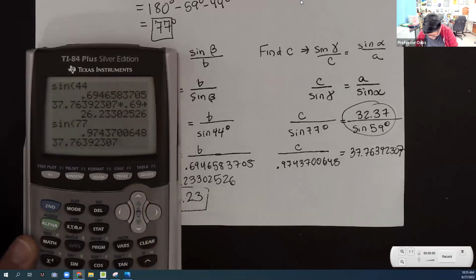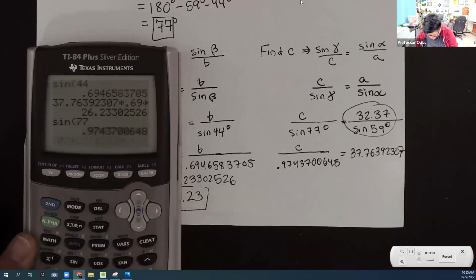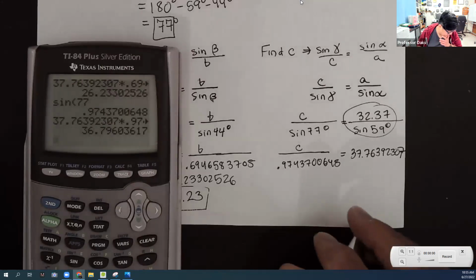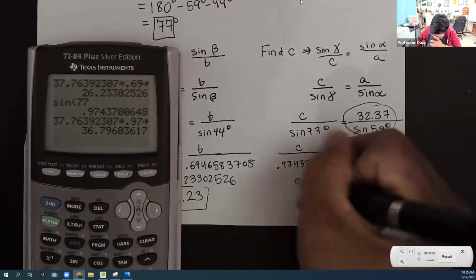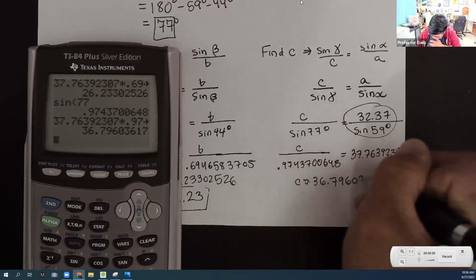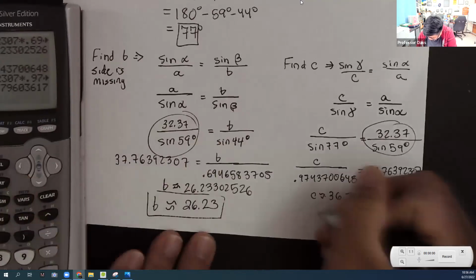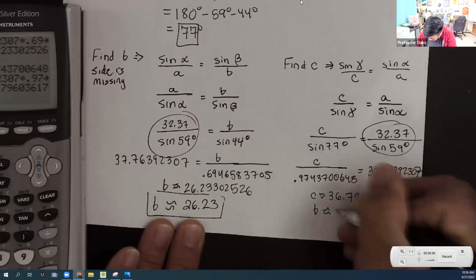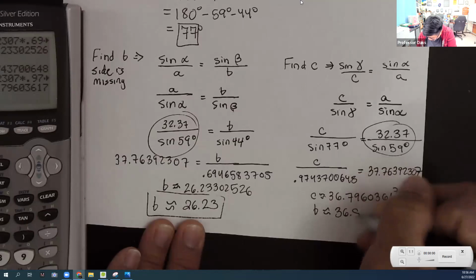If you do that, C is about 36.79603617, or to 2 decimal places, 36.80.